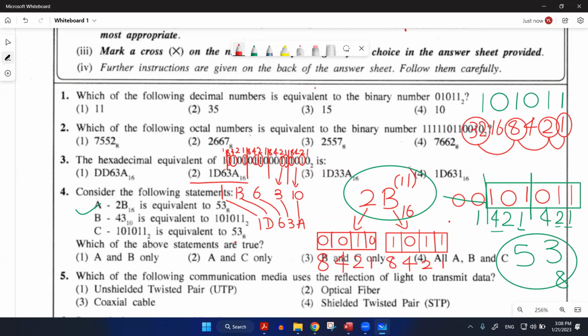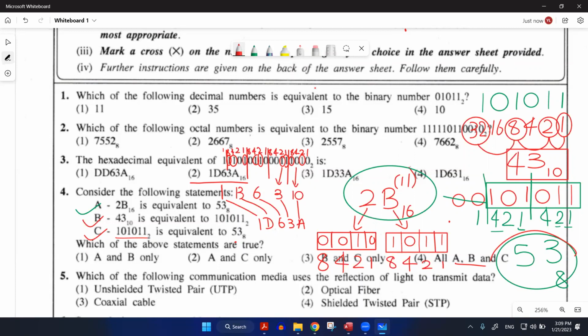So 43 in decimal is equivalent to 101011. And statement C says the same binary value 101011 equals 53 in octal, the one we found earlier, so C is also correct. Everything is correct, so the answer to the fourth one is A, B, C, all.